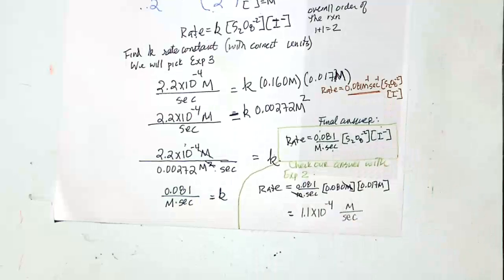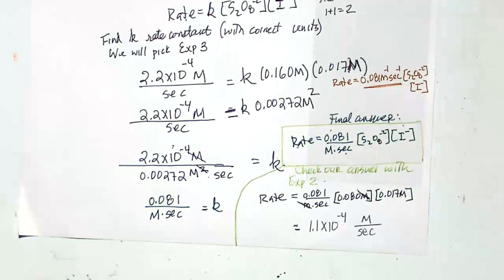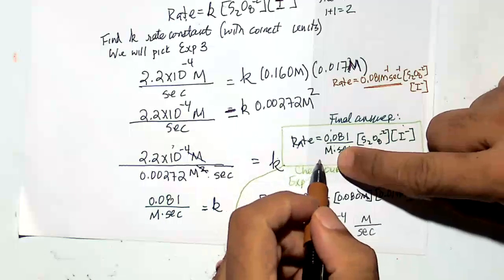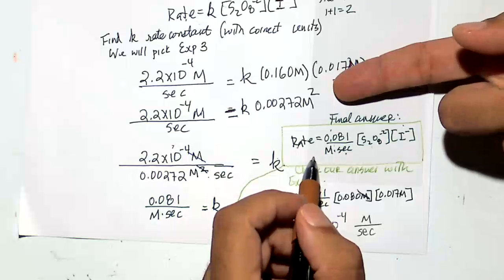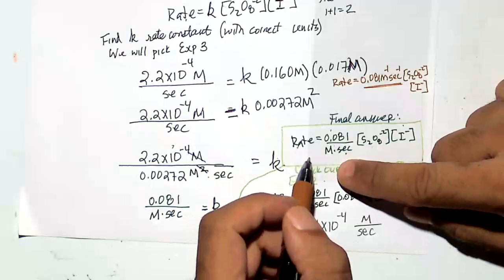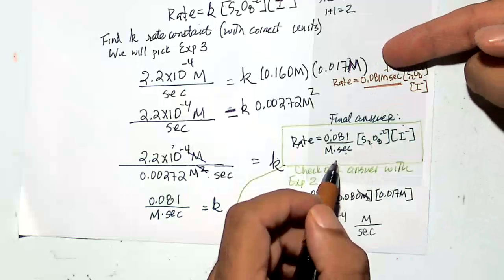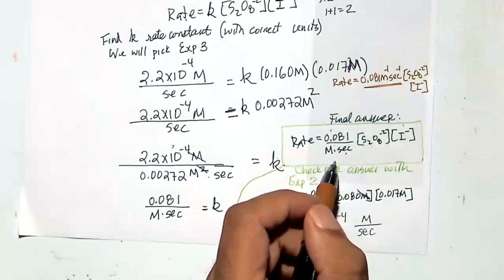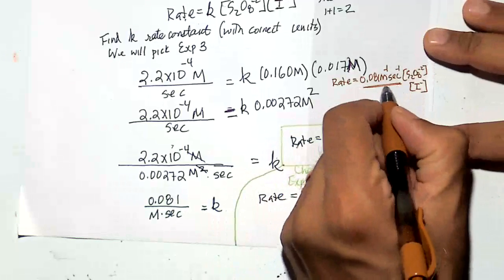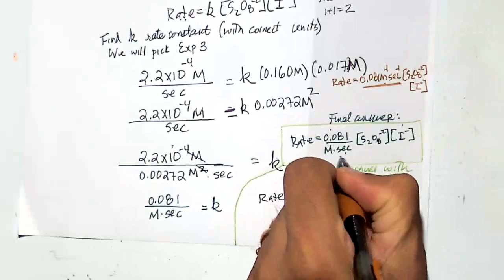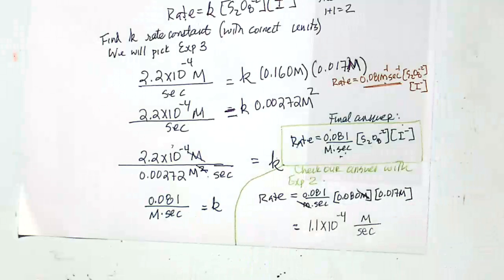Remember, if you move M to the numerator, it's M to the minus 1. If you move it to the denominator, it's M. Seconds is in the denominator; if you want to move it to the numerator, it becomes seconds to the minus 1. So you may see it like this, or you may see it like this. Both are correct.